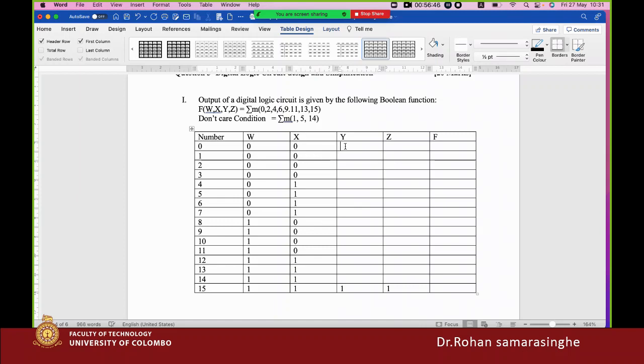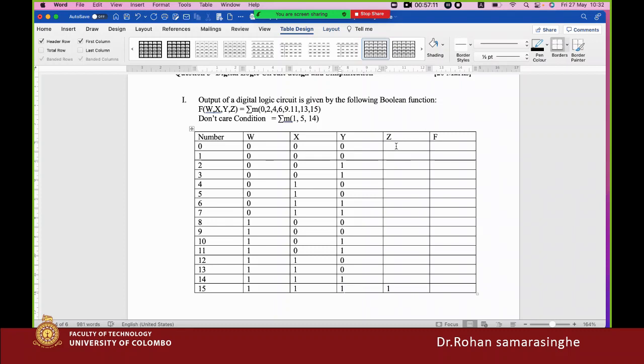Then the third variable, you can write 2 zeros, 2 ones: 0, 0, 1, 1. Once again, 0, 0, 1, 1, 0, 0, 1, 1.